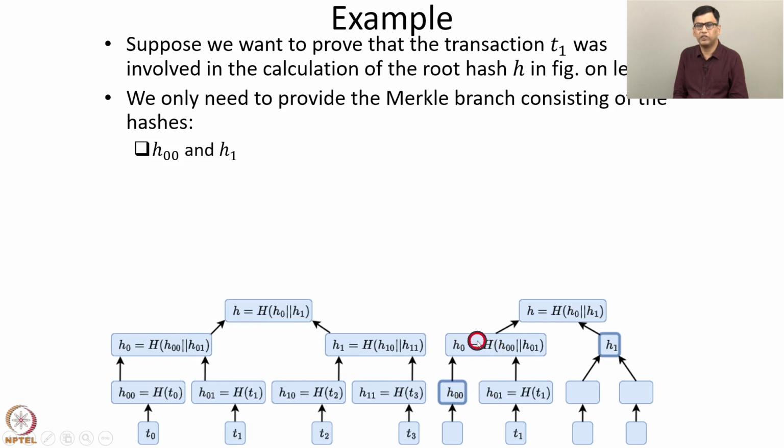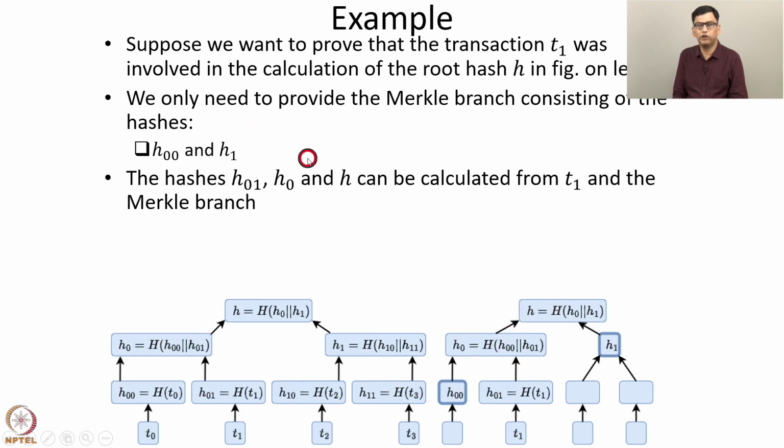So Bob can calculate h0, and Bob has been provided h1, so he can concatenate h0 and h1 and get h. So that tells Bob that this h can be generated in this manner using T1 as one of the inputs. So this way Bob is convinced that T1 is indeed involved in the computation of this hash h.